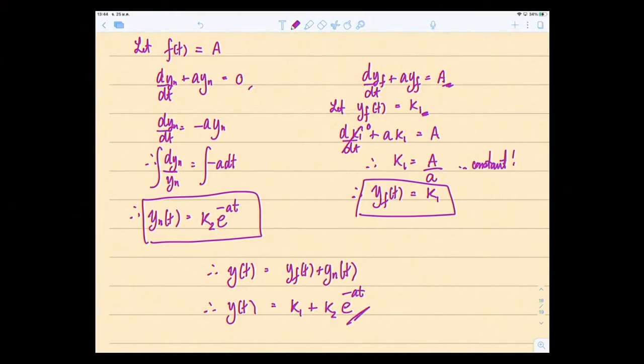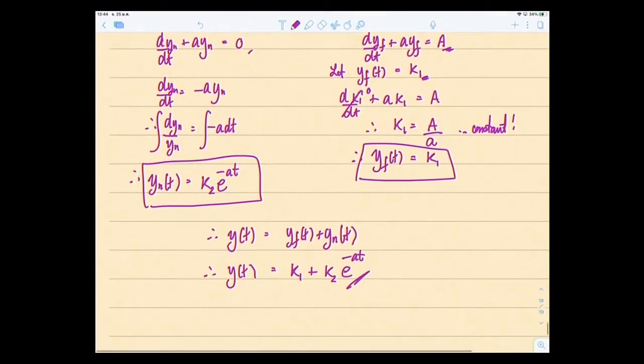In electrical engineering, we have names for these solutions. k1 we call the forced response.